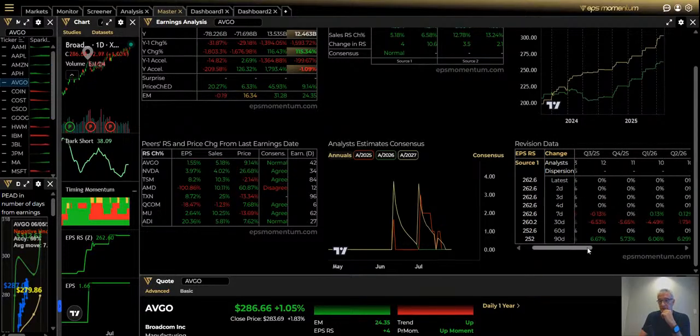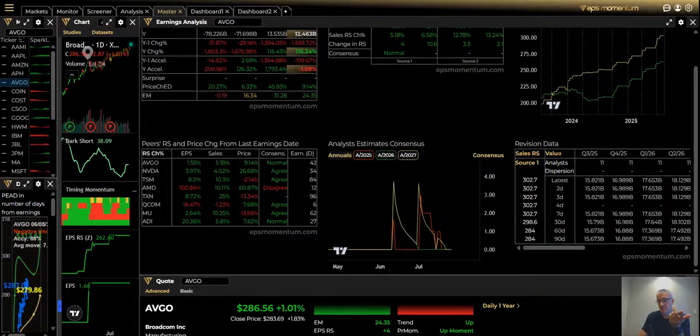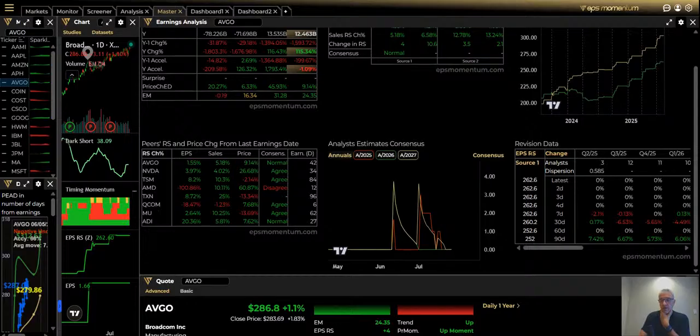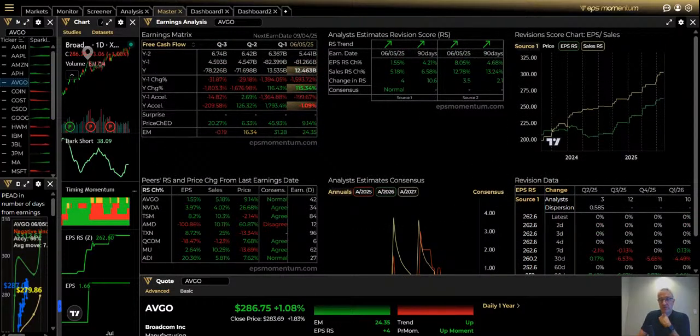And here you monitor the change for earning per share or sales. You have the change in percentage or in value, and you have the different sources as well, source 1 or 2. So it's pretty thorough here. All this information can be found in the screener, so you can filter for EPS, RS change and in actual value, and this is extremely powerful.